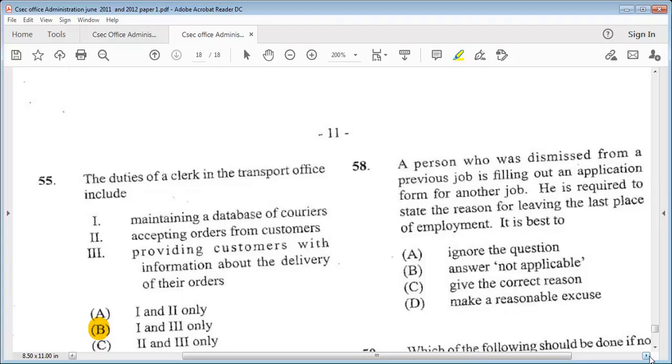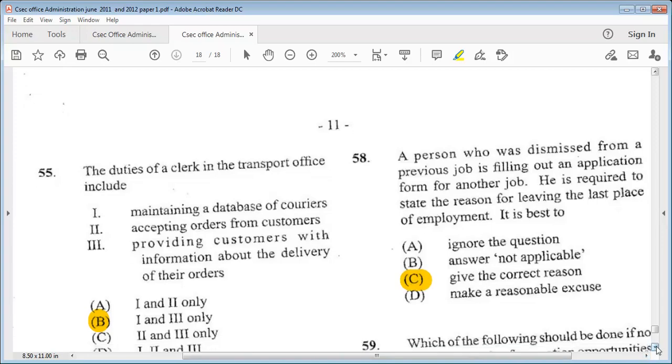He is required to state the reason for leaving the last place of employment. It is best to A. Ignore the question, B. Answer not applicable, C. Give the correct reason, or D. Make a reasonable excuse. It would be C. Give the correct reason. Be truthful.